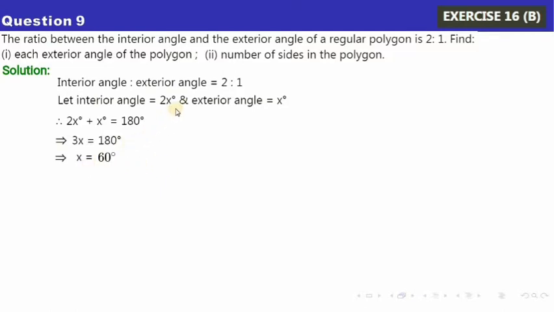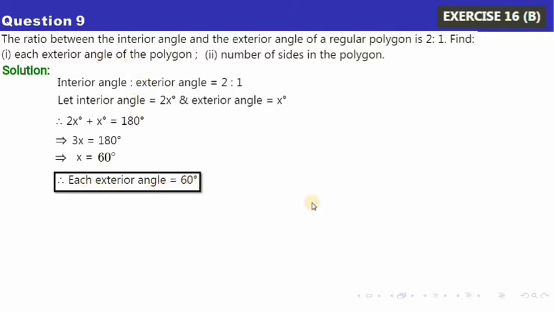Now what is x actually? X is exterior angle. So we have each exterior angle equal to 60 degree. This is my first answer. The second part is again similar to the earlier problem. If I consider the number of sides to be n, then each exterior angle is 360 over n, which is 60 degree.